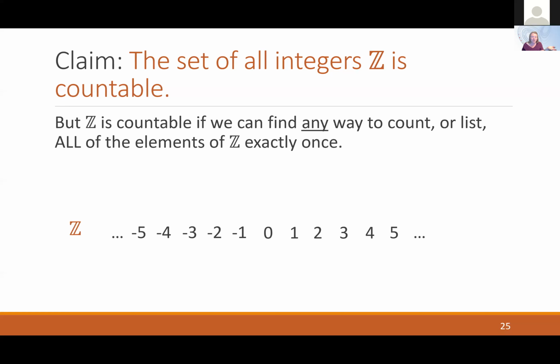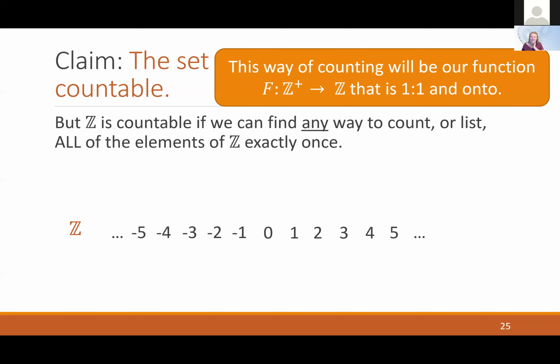So if Z is countable, if we can find any way to count or list all of the elements of Z exactly once, this way of counting will be our function, our F, that is one-to-one and onto.